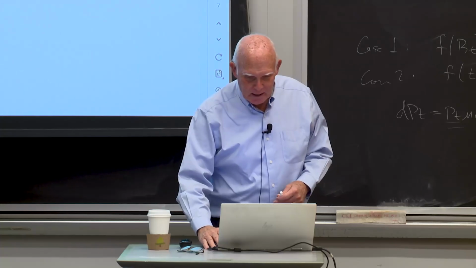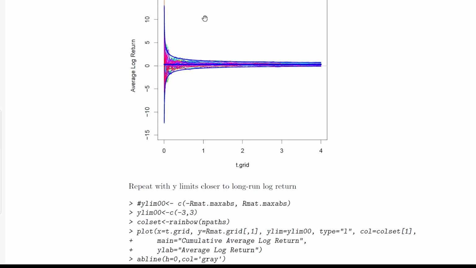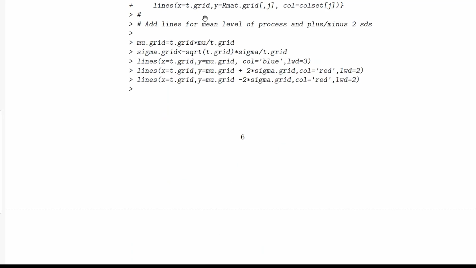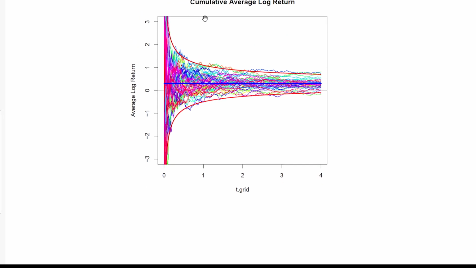Now, if we look at the average log return, we get this graph for these 50 paths, the time series of average returns across each of the paths. Zooming in, this is an illustration of the realizations of the average returns over time.